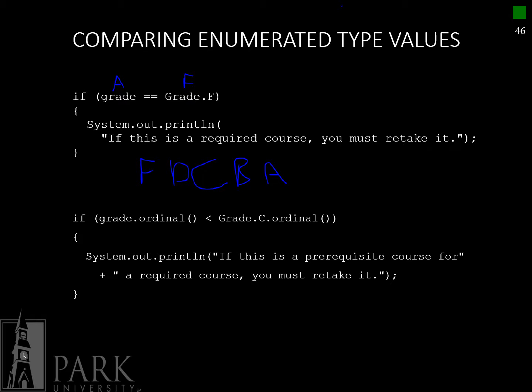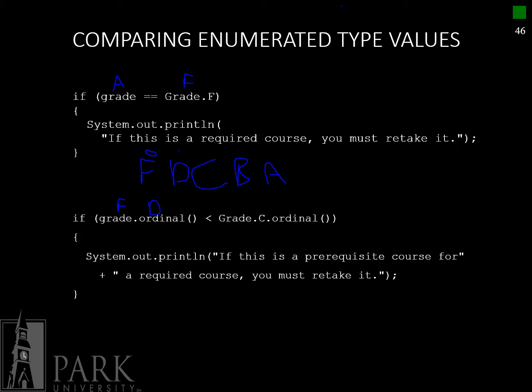less than, then it's going to say this is a prerequisite course, you must retake it, right? So basically it's saying you have to have a C or higher, or actually greater than a C to meet the criteria, right? So if you have a D or a F here, then you're not going to be allowed to take the course because the ordinal value of F is 0.